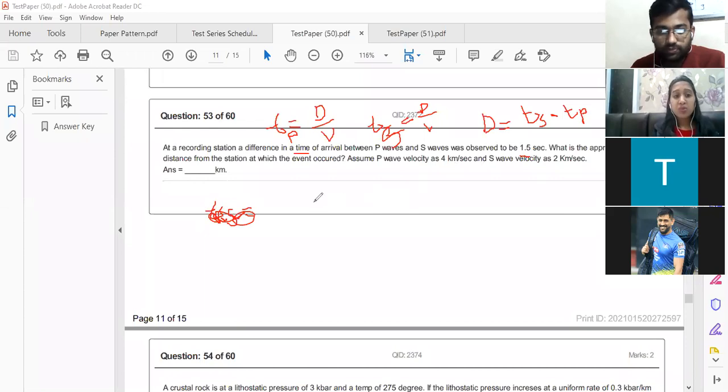Time is given, sorry, no issue. We have to calculate distance. So 1.5 second is equal to, we don't know the distance, let's assume d, divided by velocity.